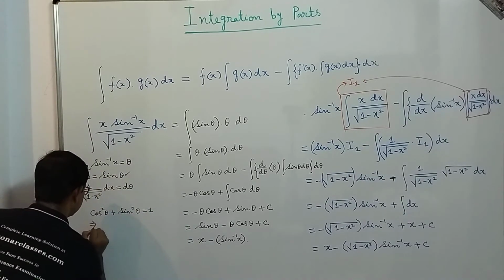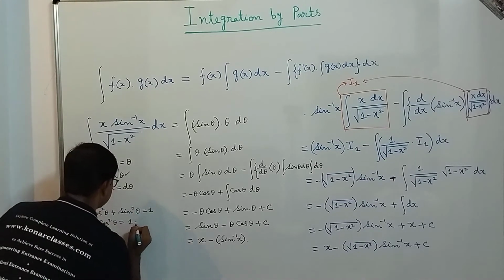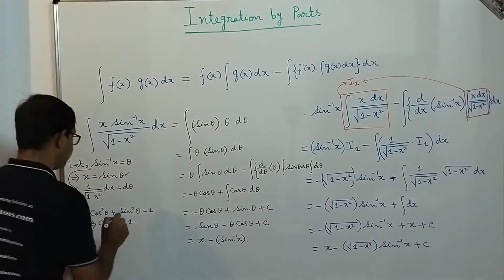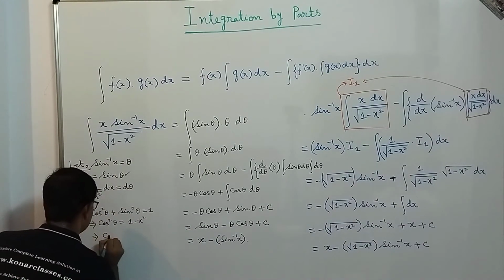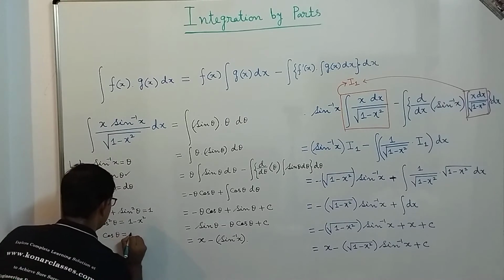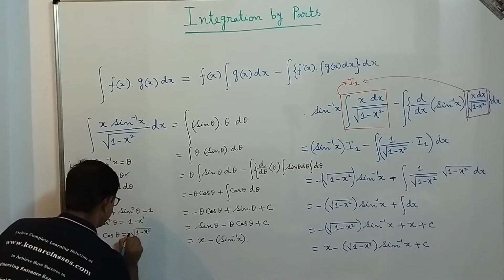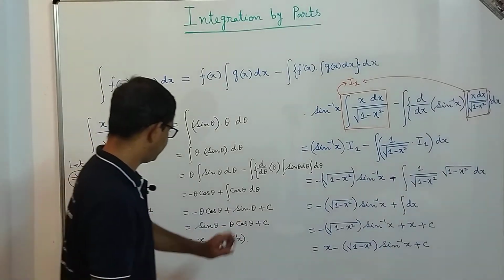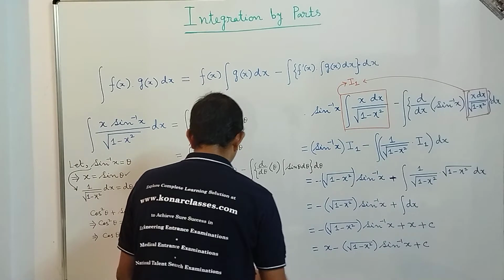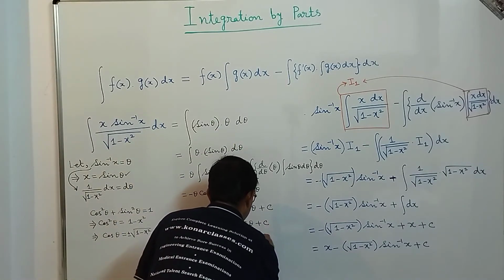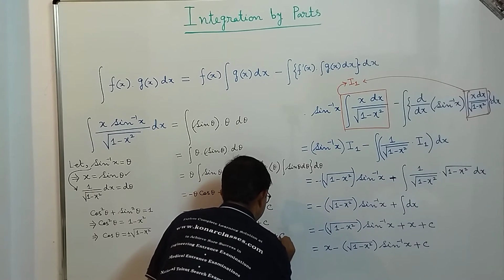So cos square theta is equal to 1 minus sin square theta. Sin square theta is equal to x square, so 1 minus x square. From here we get cos theta equal to square root of 1 minus x square. It can be plus or minus, so we take the plus value here for simplicity. So x minus sin inverse x into square root of 1 minus x square plus c.